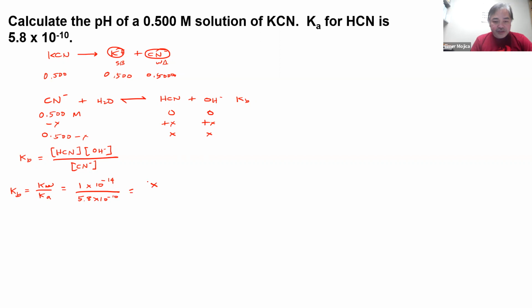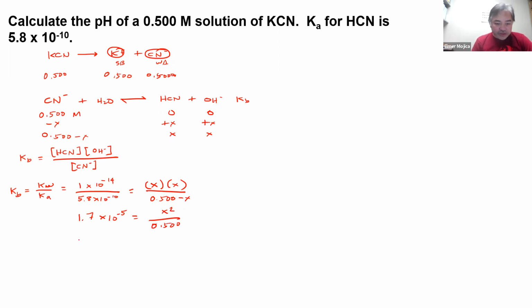Okay, and then we replace it here with this value. Now, when we get the amount that is equivalent here, it is around 1.7 times 10 to the negative 5, and it goes to x squared over 0.5 because we said 0.5 minus x is just equal to 0.5.